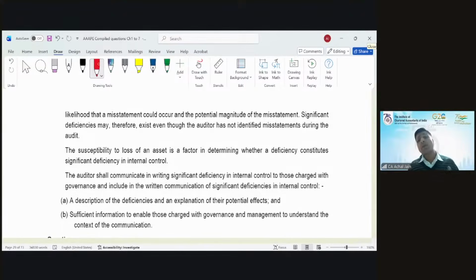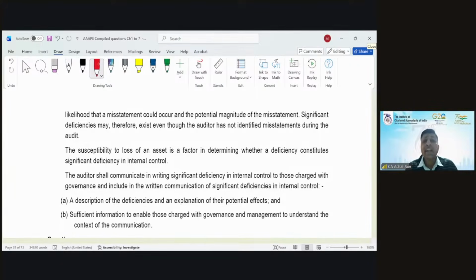What if the problem can actually come and the possible ways to prevent that problem from happening, from its occurrence, do not exist? So that is also a deficiency. So significant deficiencies may therefore exist even though the auditor has not identified misstatements during the audit. Correct? The susceptibility to loss of an asset is a factor in determining whether a deficiency constitutes significant deficiency in the internal control.